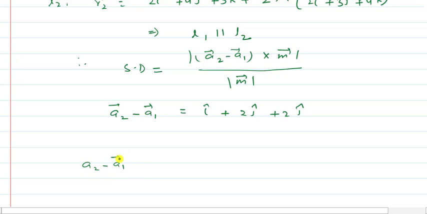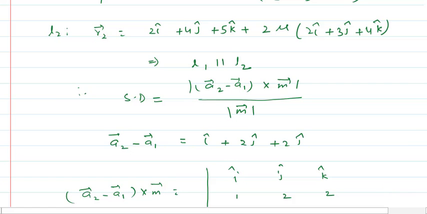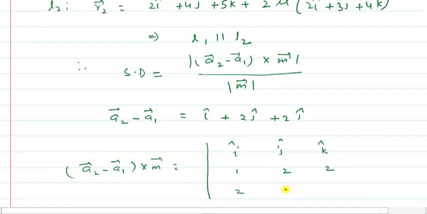So (A2 minus A1) cross M is equal to the determinant of i j k cap, then the coordinates of A2 minus A1, that is 1, 2, 2, and the coordinates of M, that is 2, 3, 4.